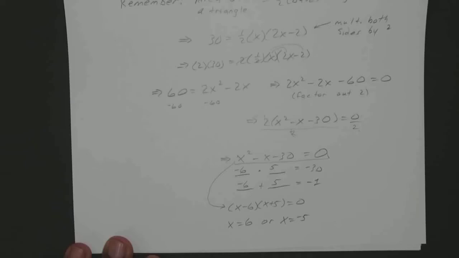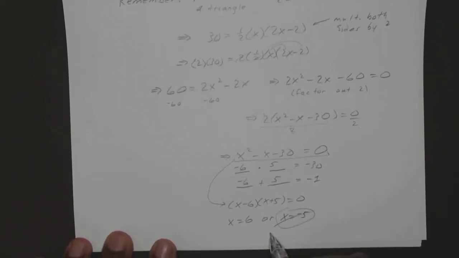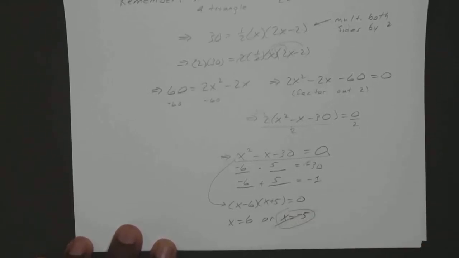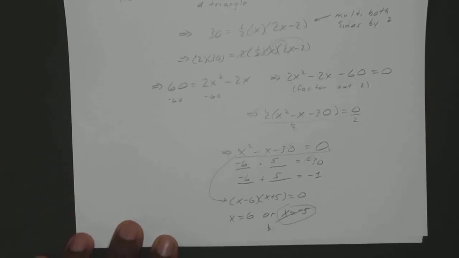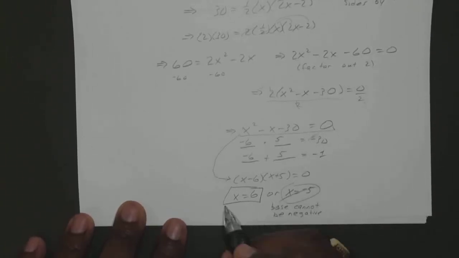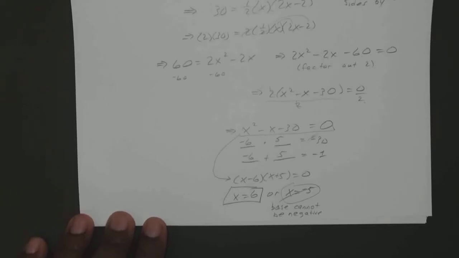Well, we can't have a length of negative 5, so we can get rid of that one. Base cannot be negative. Okay. So we have our base, which is x equals 6.